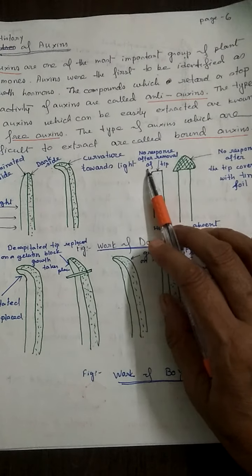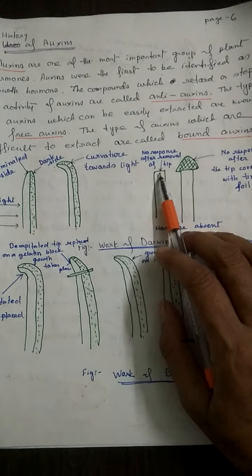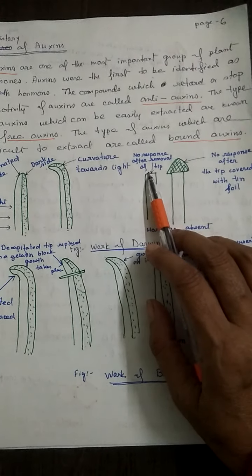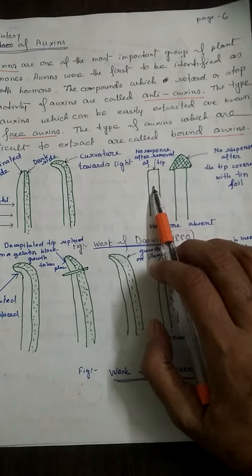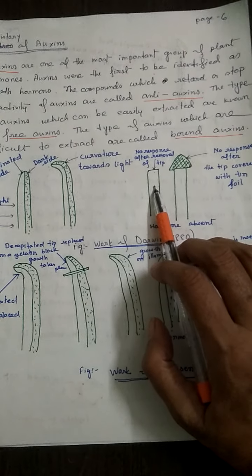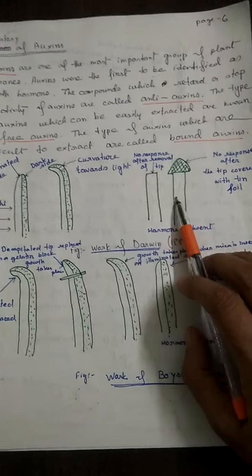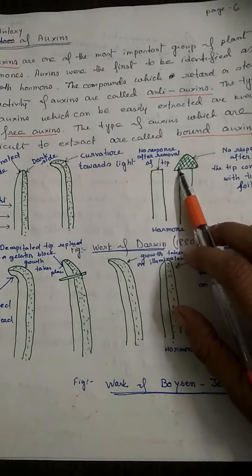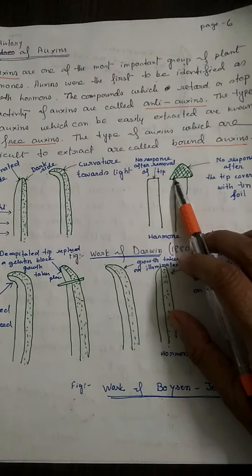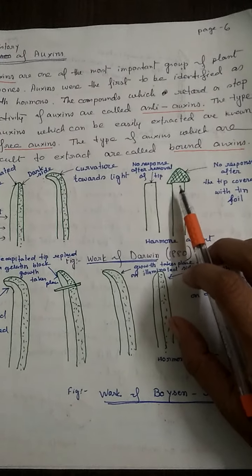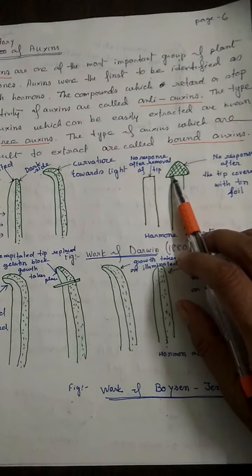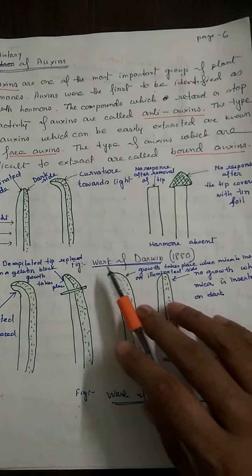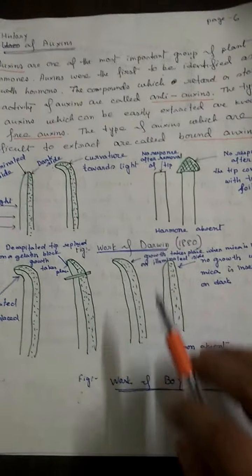If the tip of the coleoptile is removed from the plant, that type of curvature is not found even if light falls on it. In another experiment, if the tip of the coleoptile is covered by foil, the curvature again will not form even in the presence of light. So this is the work of Darwin.